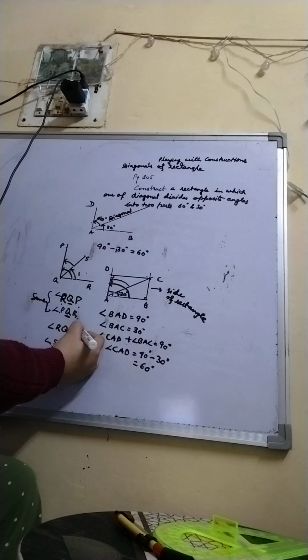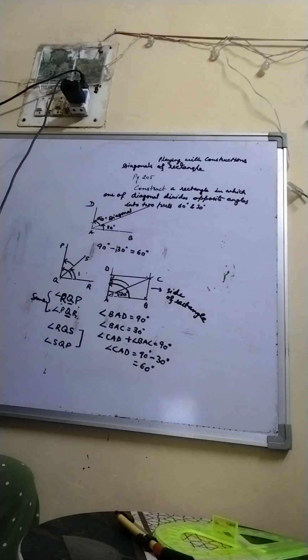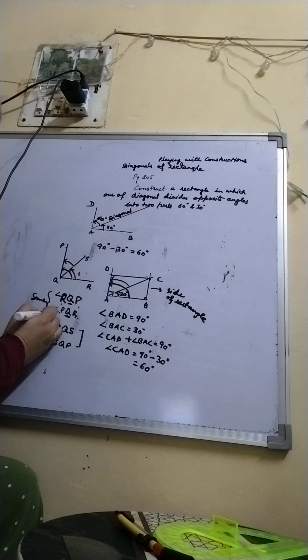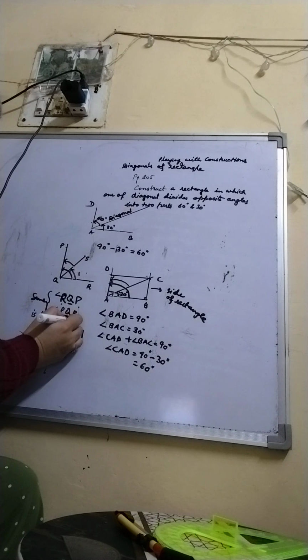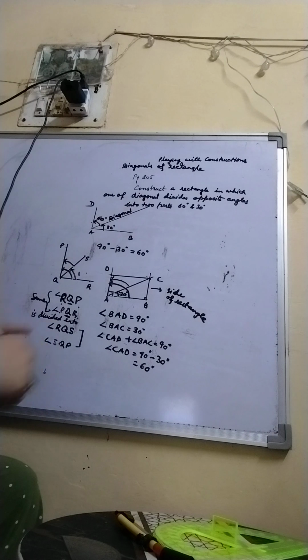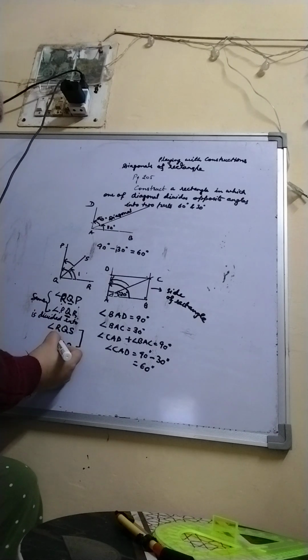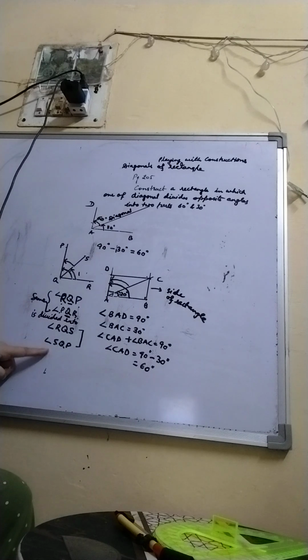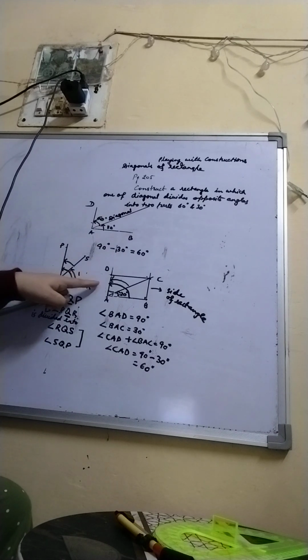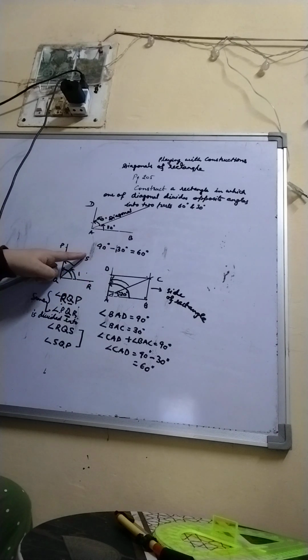So the bigger angle PQR is divided into RQS and SQP.